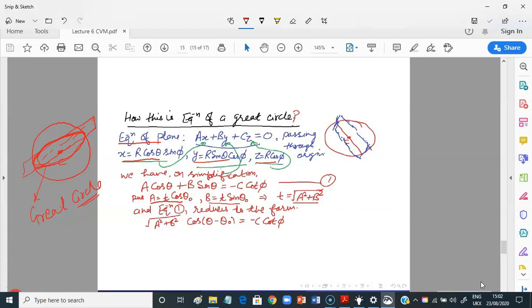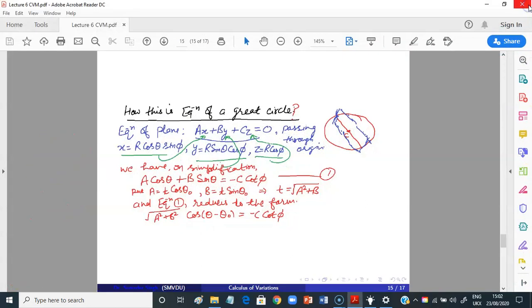Now equation 1 reduces to this form. T is outside, then cos a cos b plus sin a sin b becomes cos of a minus b, that means cos of theta minus theta naught. So the equation is the square root of a square plus b square times cos of theta minus theta naught minus c cot phi.